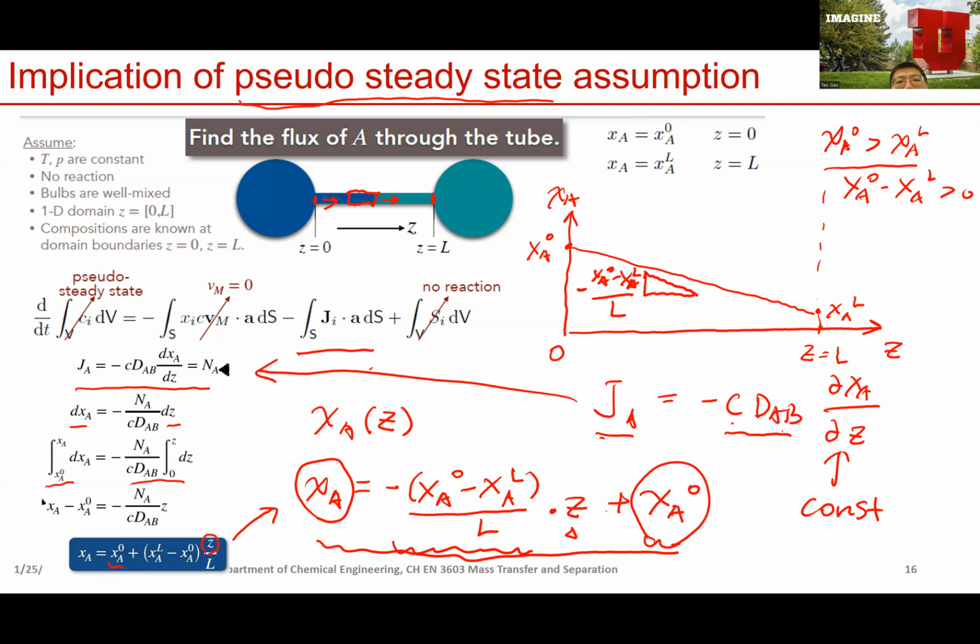Okay. So anyway, in summary, my point here is that after you solve a problem and get a solution, just think about the physical implication of your solution, right? And ask yourself, is the physical implication consistent with the assumptions you've made in order to solve this problem?